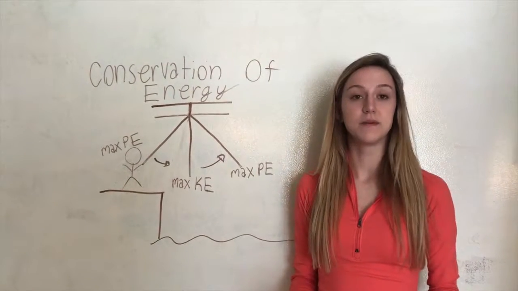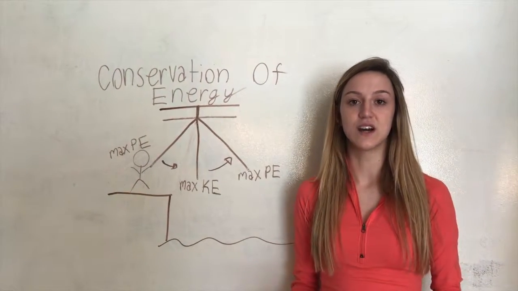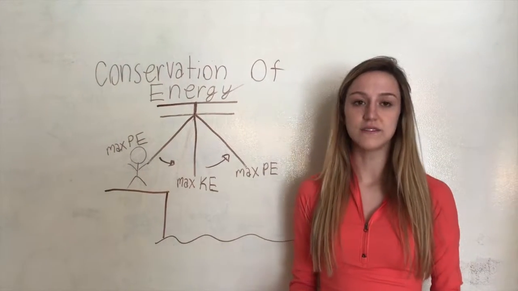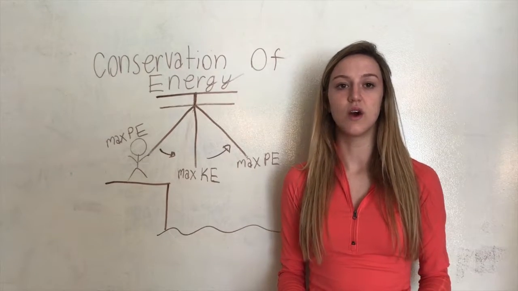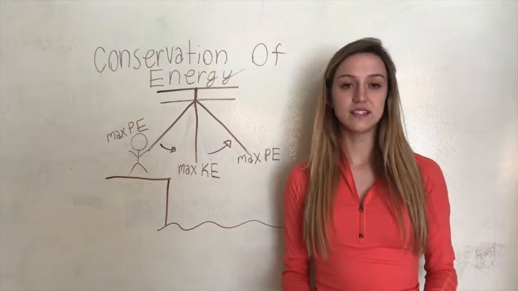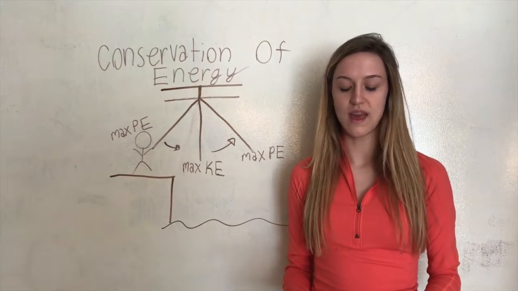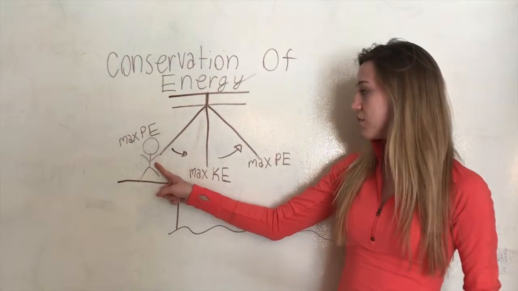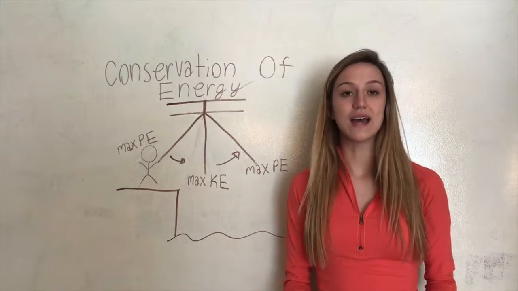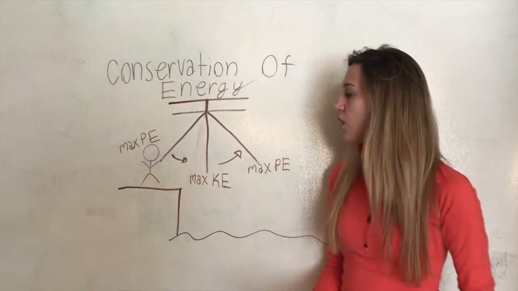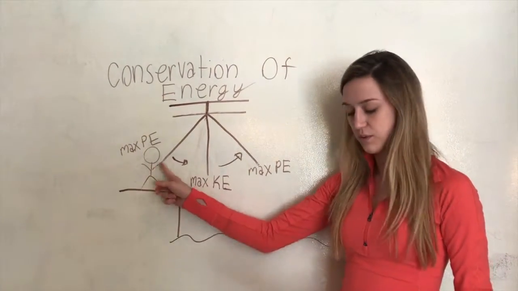Another concept that helped this next daredevil to succeed is conservation of energy. Conservation of energy states that energy cannot be created or destroyed, only transformed. In this situation, kinetic energy, or the energy of movement, is zero before the person jumps off the ledge. All energy is stored as gravitational potential energy, or the energy of position, at this point.